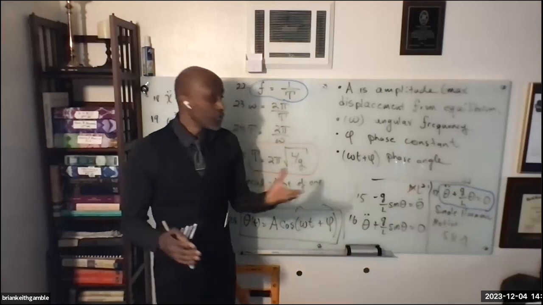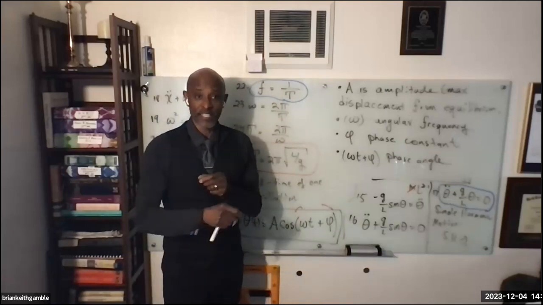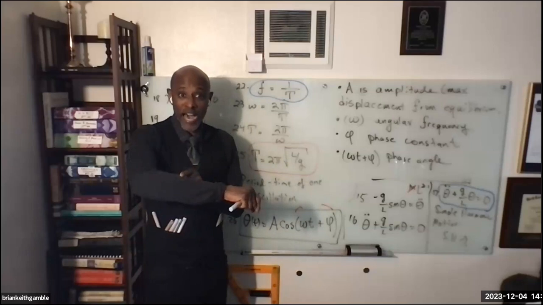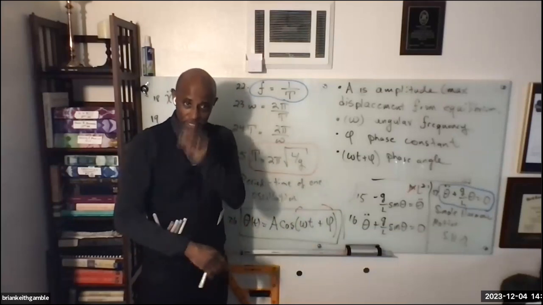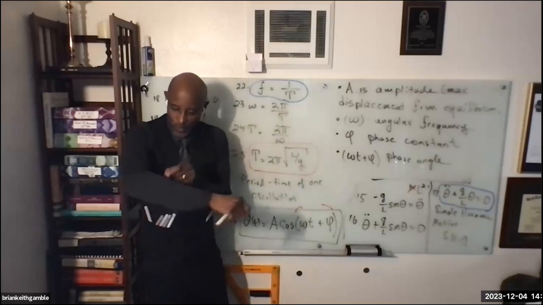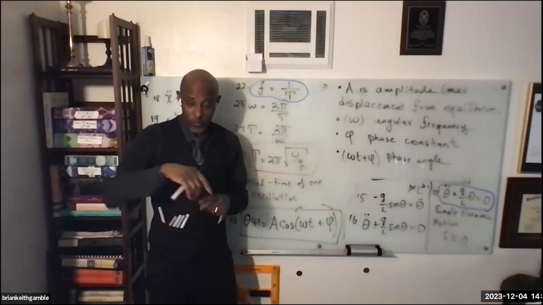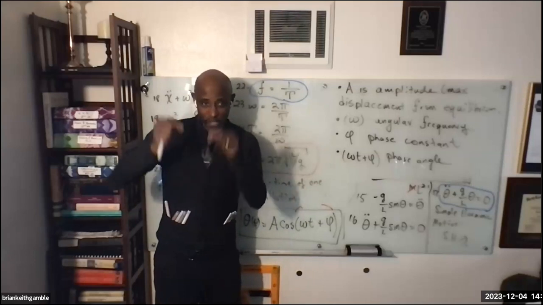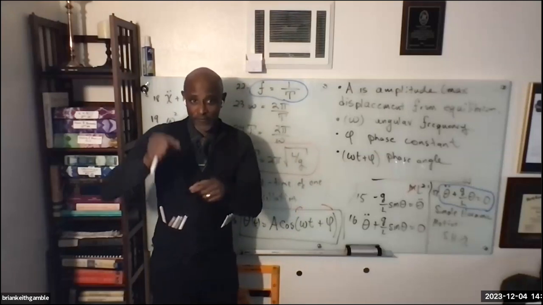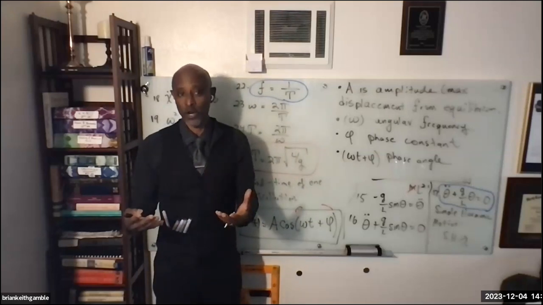So you can also talk about the different phases of particles oscillating on that wave. Like if I take a particle here and a particle here on the wave, this guy is doing this, but this guy might be out of phase. So you can talk about the phase of a wave as well.